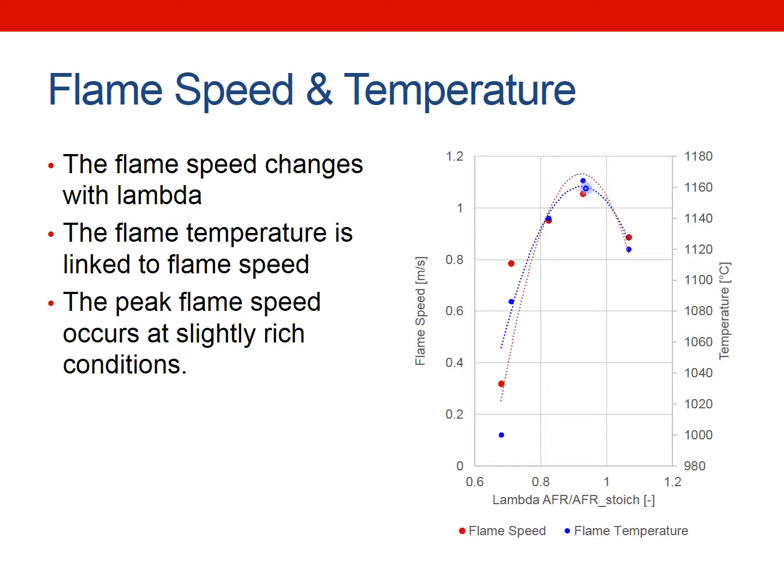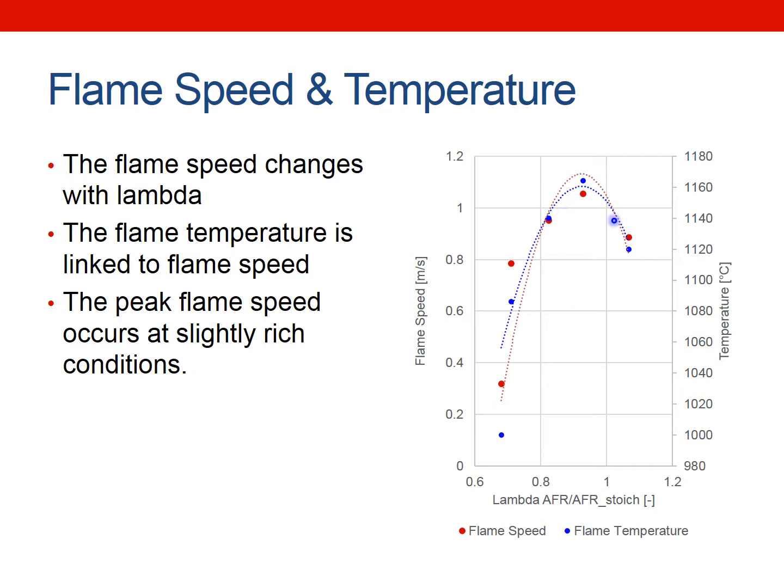But because you're reducing the amount of air, more energy is going in to heat up and decompose fuel, which you're not actually going to burn. But one drops away quicker than the other, so that's why the peak is slightly rich.